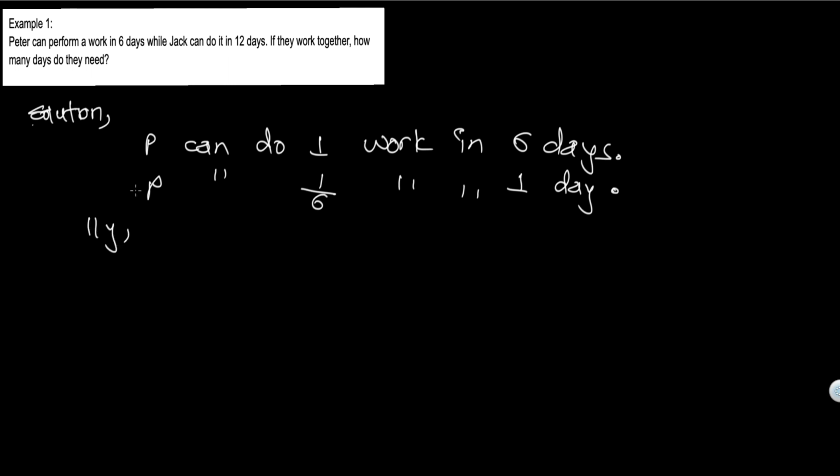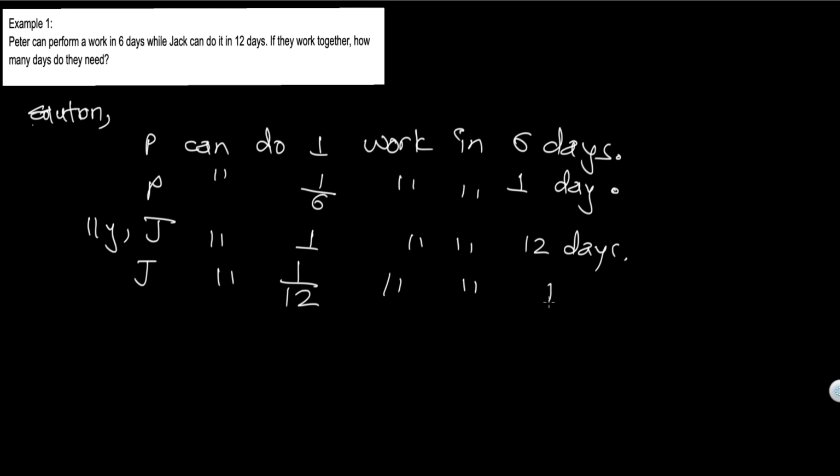Similarly, Jack can do one work in 12 days. That means Jack can do 1 over 12 work in one day. How much can Jack and Peter do in a single day?